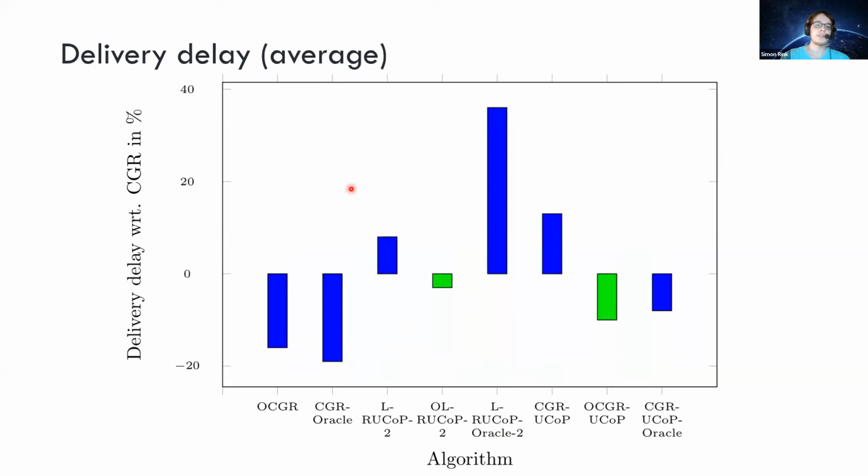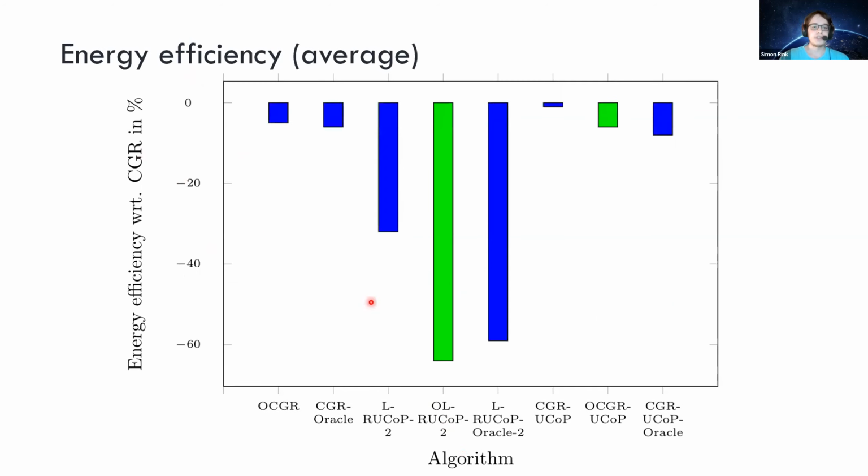But also in terms of other metrics, our schemes performed reasonably well. In terms of the delivery delay, we also performed better than CGR, but of course worse than OCGR, since the algorithm is not designed in such a way that it actually considers the delivery delay. And in terms of energy efficiency, OLRUCOP performed reasonably badly since we always considered 2 copies of a bundle.